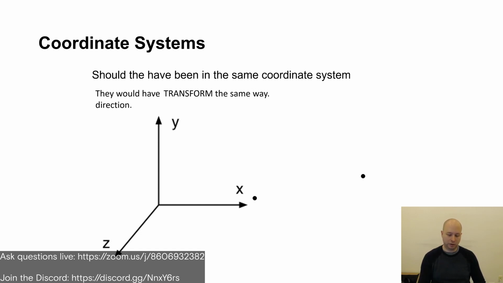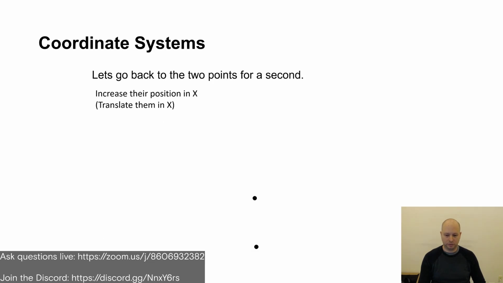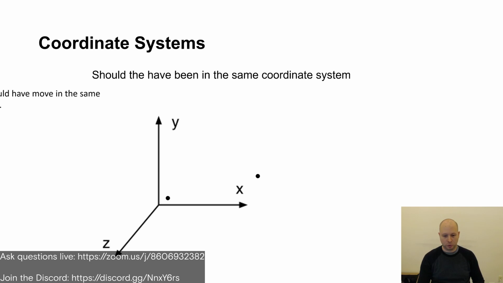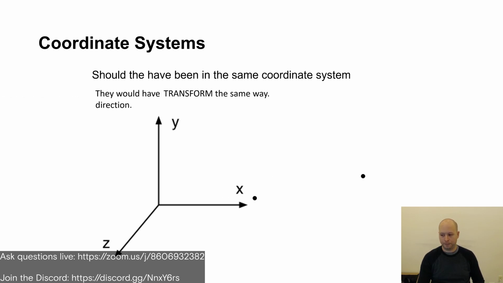If they are in the same coordinate system, they're going to move the same way. If they're in different coordinate systems, even though we're applying the same transformation, an x displacement, technically they've displaced in x, but their coordinate system was different. So if you're in the same coordinate system, you can predict that behavior directly.